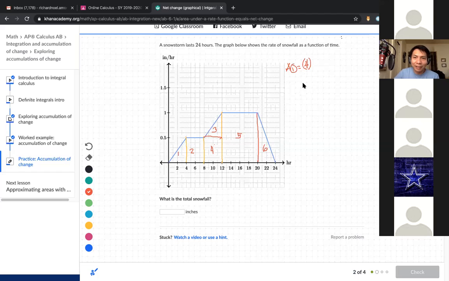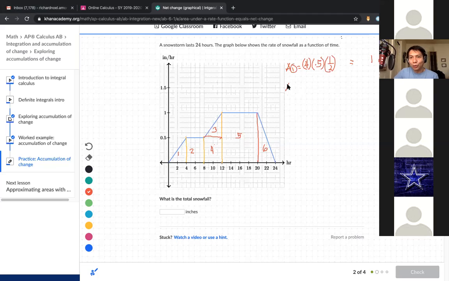What's going to be the length of our height, guys? 0.5. And then times 1/2. Very good, because it's the area of a triangle, so that's 1/2 base times height. So you will now have 4 times 0.5. That's going to give us 2. Half of 2 will just give us an answer of, guys, 1. That's going to be 1 inch.